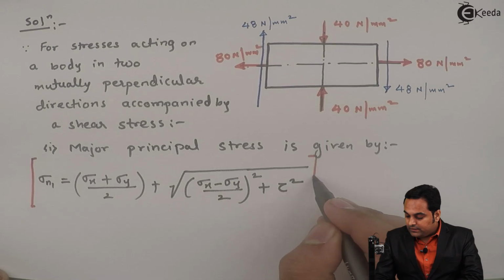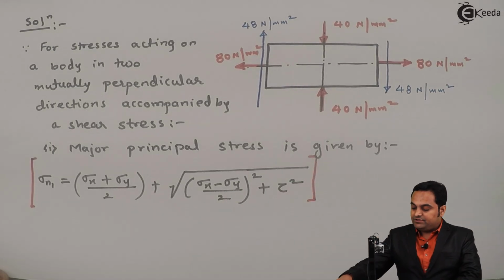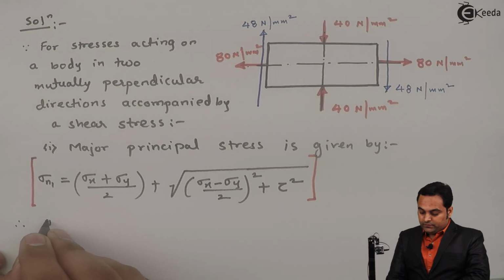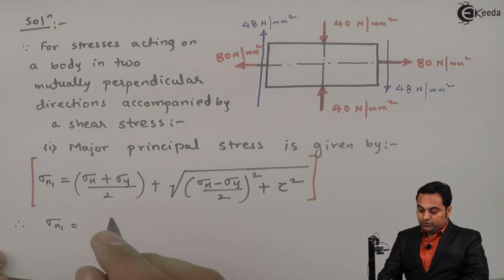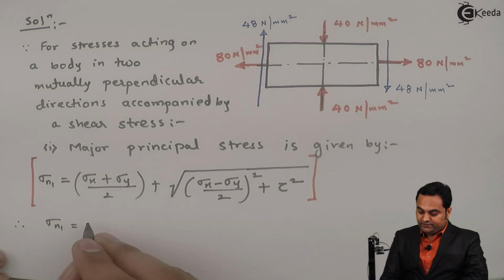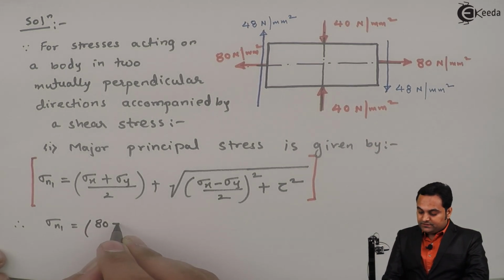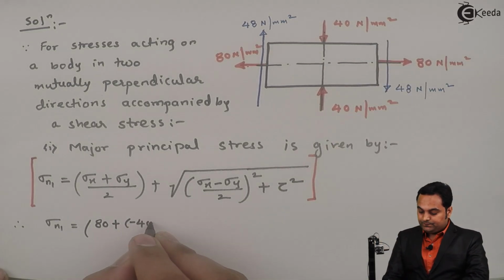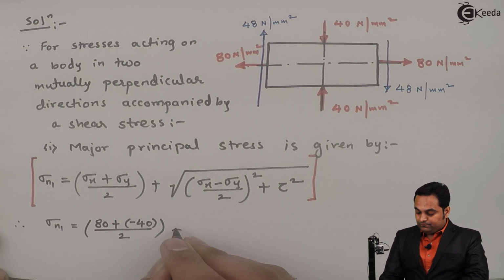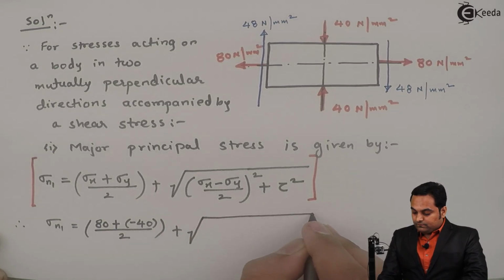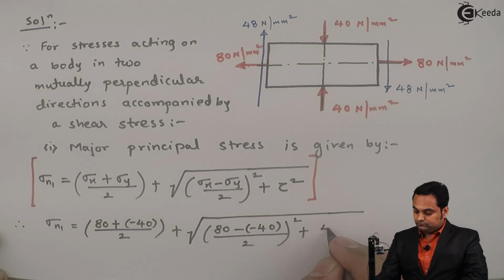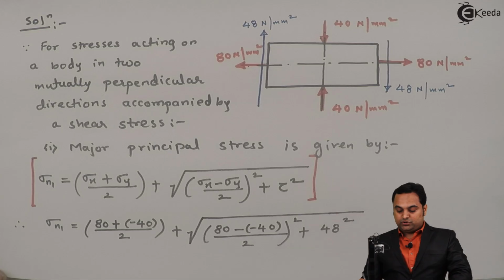Now I'll go on putting the values in this equation. So therefore sigma n1 will be equal to, sigma x is positive, so 80, plus sigma y is negative, so minus 40, and tau is 48, so square.